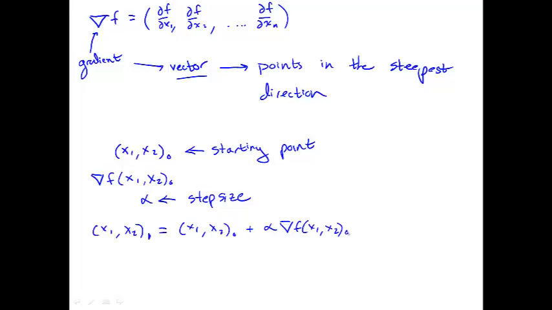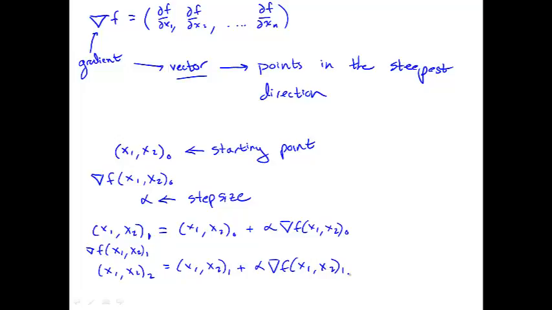What about the next step? Well, we calculate the gradient at x1, x2 sub 1. And then our next step leads us to where we were previously, so x1, x2 sub 1 plus alpha times the gradient, the new gradient.